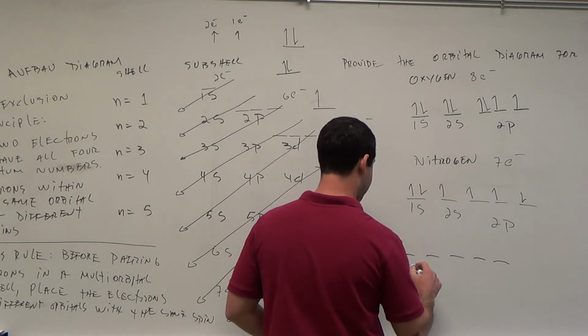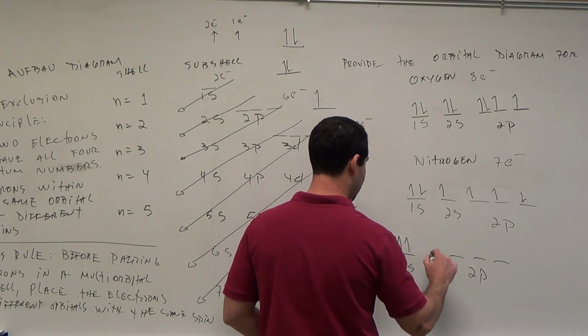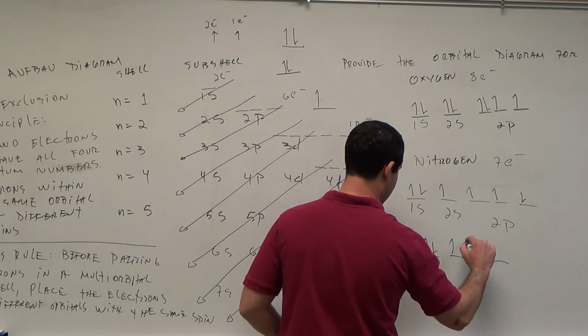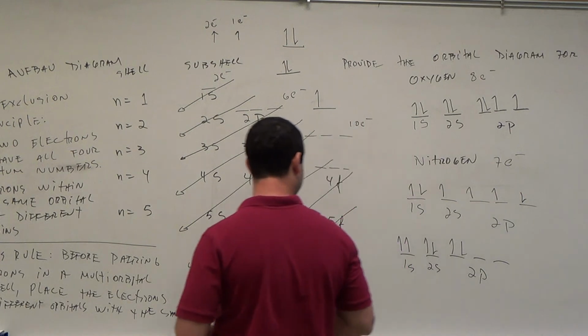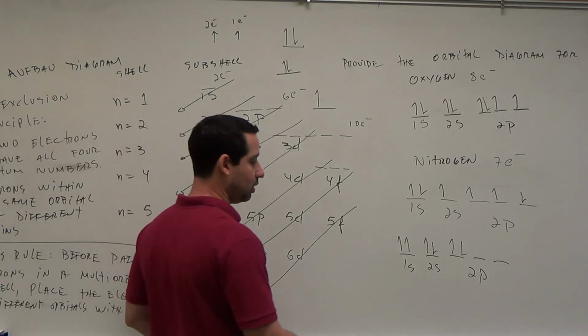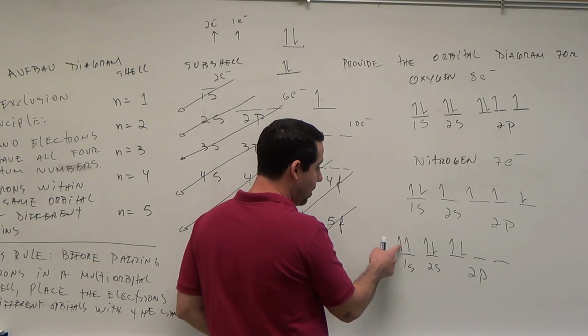Can you show an example of a Pauli violation? Yeah, that's what I'm doing. Let's say that. What are those violations of? Pauli or Aufbau? Which one is Pauli? This one is Pauli, because in the same orbital you have electrons with the same spin.